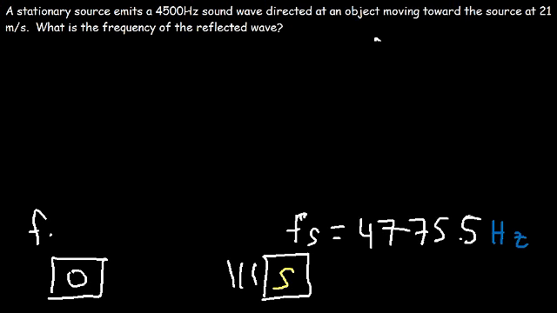And we're looking for Fo, the frequency detected by the original source, which is now the observer in the second part. Some books will call it F double prime, and they will call this value F prime. This is the frequency detected by the observer, which is the frequency of the source for the second part of the problem.